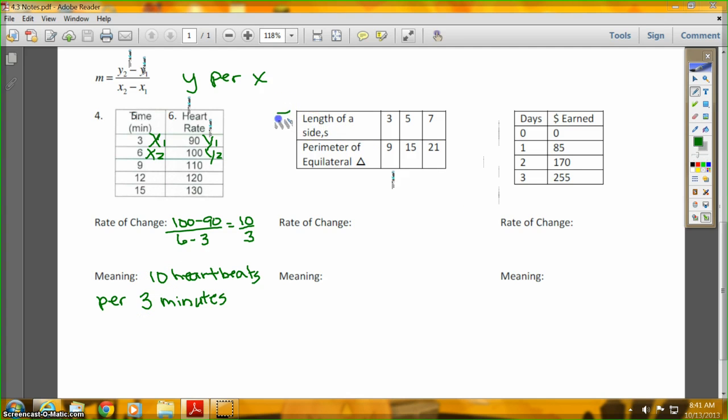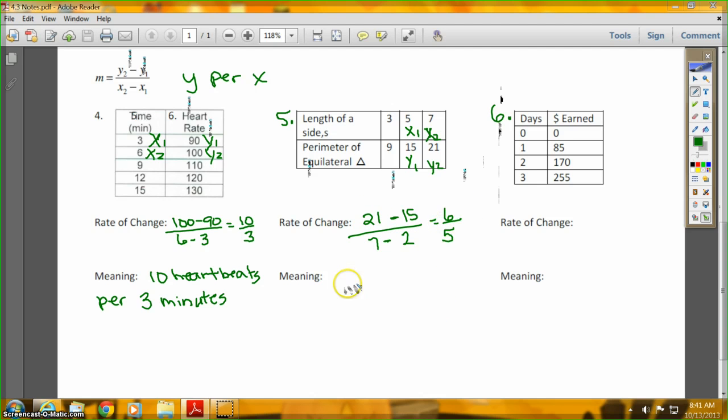Okay, number 5. Guess I forgot to label these 5 and 6. We have the length of a side and the perimeter of an equilateral triangle. So rate of change, I get to pick any two. I'll pick 5 and 15 as my x1, y1, and 7, 21 as my x2, y2. So plugging in my formula, I start with y2, so that's going to be 21 minus 15 is my y1 over x2 is 7 minus x1 is 2. 21 minus 15 is 6. 7 minus 2 is 5.